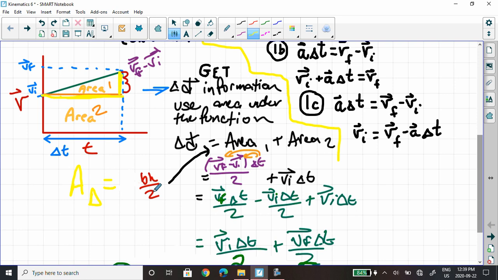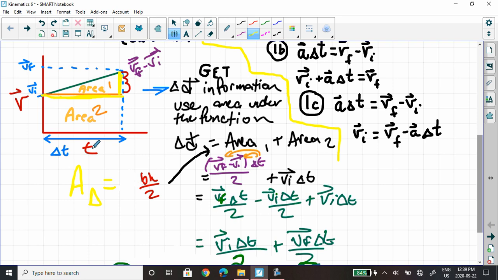Now, hopefully this doesn't confuse you too much. I'll give you a real life example. Let's say velocity final was 5, and velocity initial was 3. From 0 to the top is 5, from 0 to here is 3. What's left over? 5 minus 3, or 2. That's all I've done here.